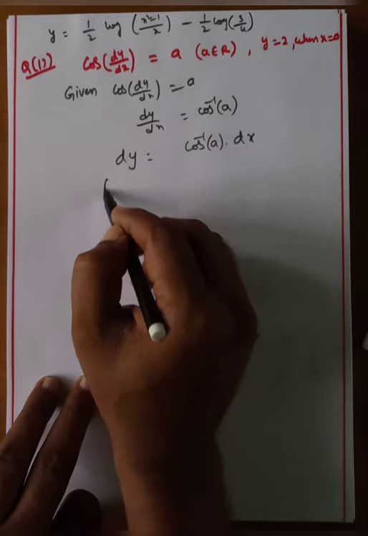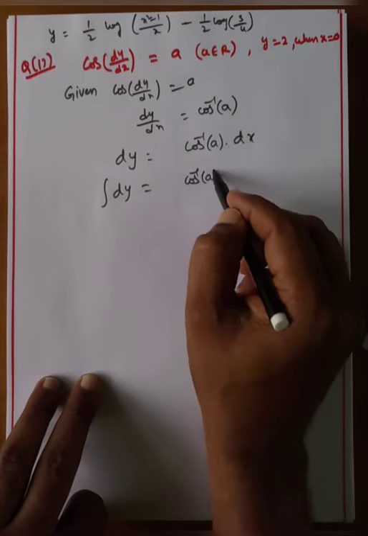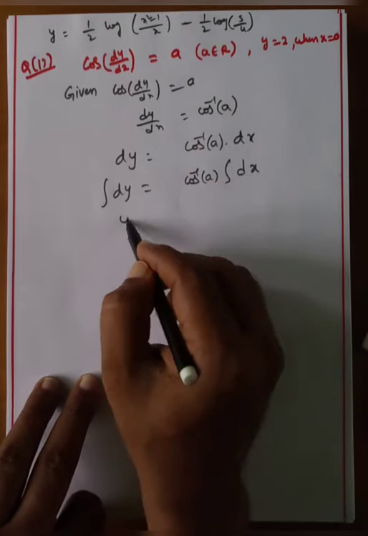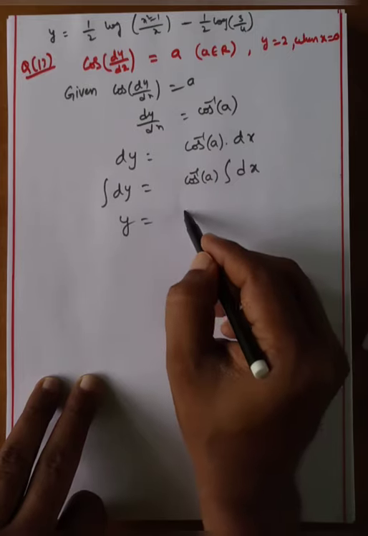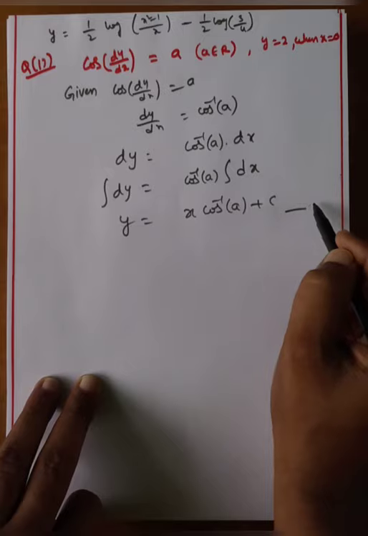Now integrating on both sides, integral of dy is equal to cos inverse of a, a constant, so outside you write the integral of dx. Now y is equal to x cos inverse of a plus c. This is equation number 1.